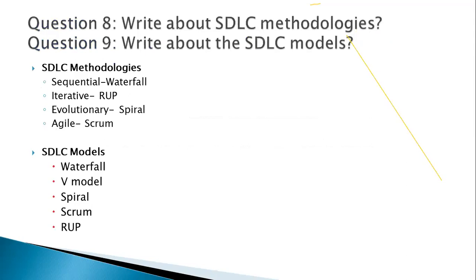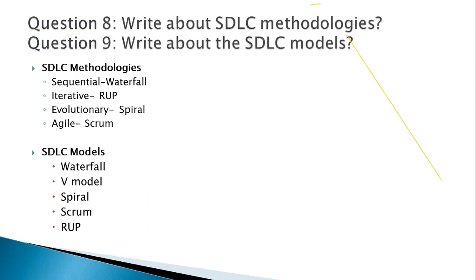Now, this is a very theoretic question, guys. Write about SDLC methodologies. We all know that we have 4 SDLC methodologies: sequential, iterative, evolutionary, and agile. So we will write a little bit about these methodologies. Again, as I mentioned, depending on the score given to this question, please write a small paragraph about the different SDLC methodologies that are there.